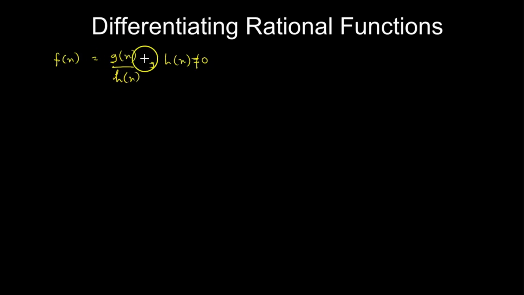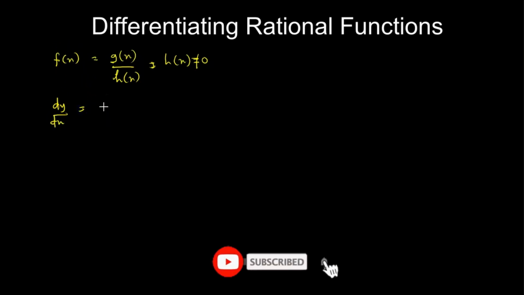If per investigation you realize that if you are differentiating rational functions, if you want to find dy dx of that or f prime of x, the process looks a bit different from that of the product rule.